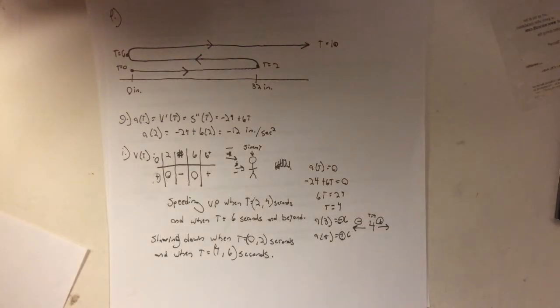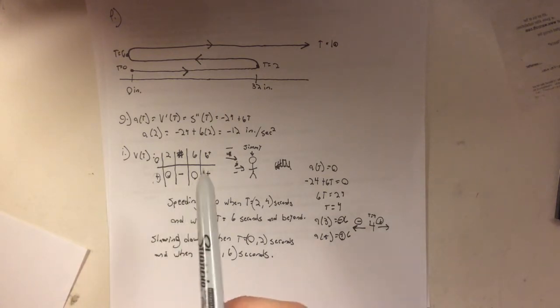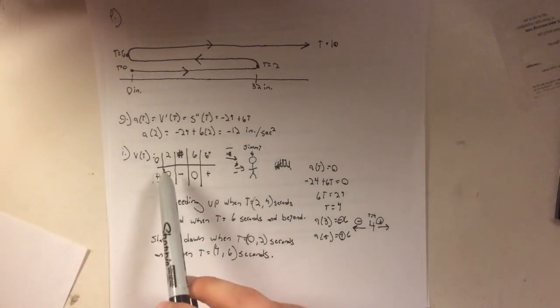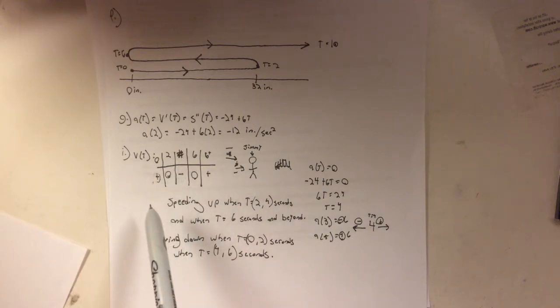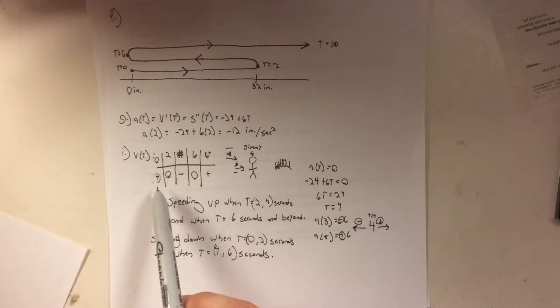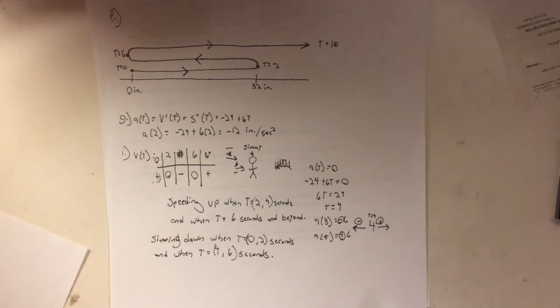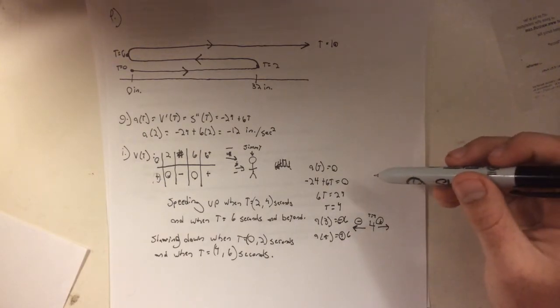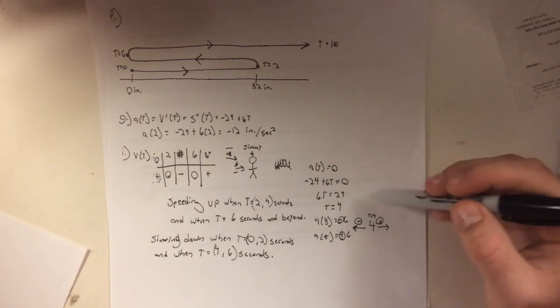Now, it's slowing down in between 0 and 2 seconds and 4 and 6 seconds. And here's why. In the velocity function, if t is any number in between 0 and 2, it's going to come out positive. However, in the acceleration function, when t is less than 4, it's always going to come out negative.